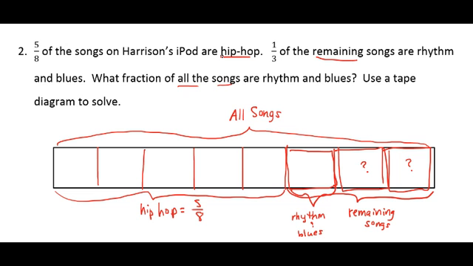We know that 5/8 are hip-hop. The rhythm and blues then would be 1/8, and then there's 2/8 that are unnamed. So if we look back at the question, what fraction of all the songs are rhythm and blues? We would say 1/8 of the songs are rhythm and blues.